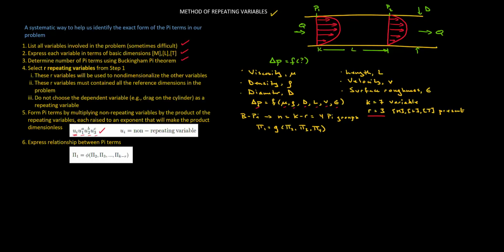Okay, so as mentioned, we don't want to select the pressure as a repeating variable. That's our dependent variable, so we don't want to select that. And again, these variables will help us to non-dimensionalize the other variables. So what we're going to do, we're going to select the density, the diameter, and the velocity as repeating variables.